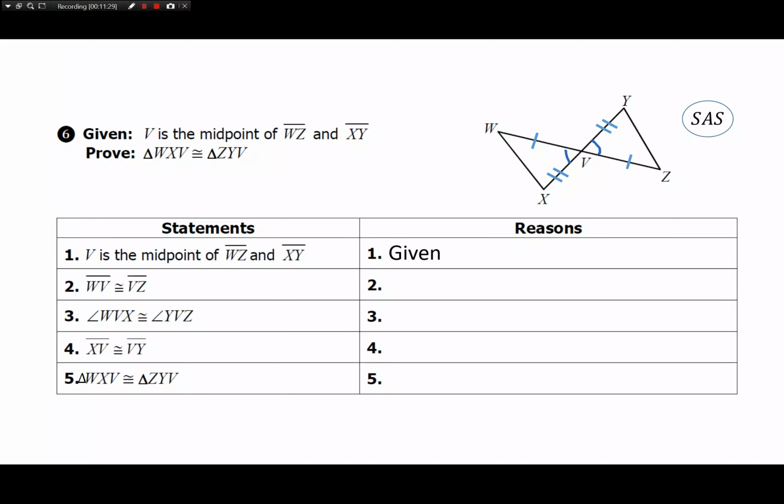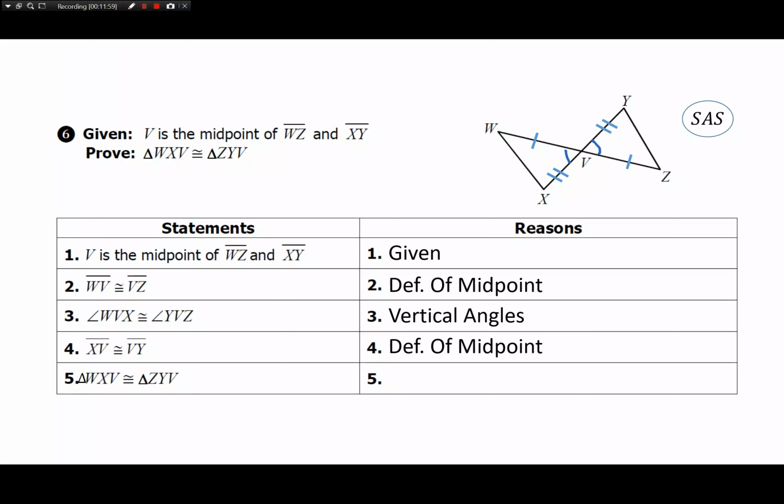We then concluded from there that segment WV is congruent to segment VZ because of definition of midpoint. Then we have that angle WVX is congruent to angle YVZ by vertical angles. And then we conclude that segment XV is congruent to segment VY, again by definition of midpoint.